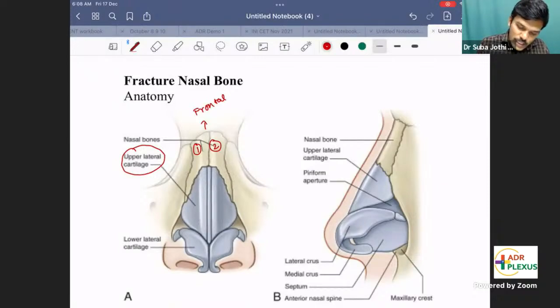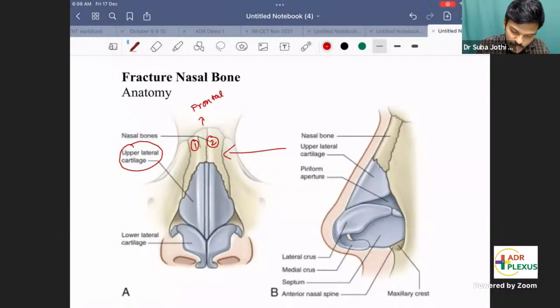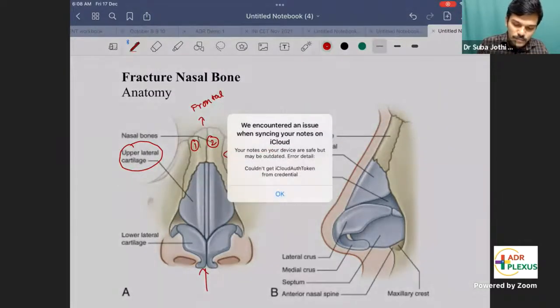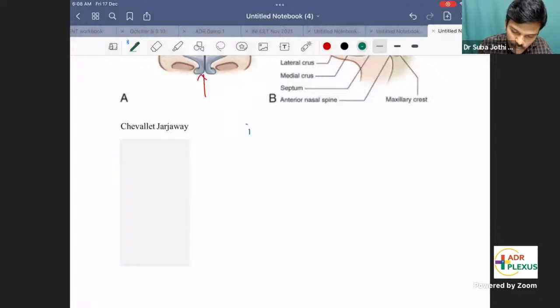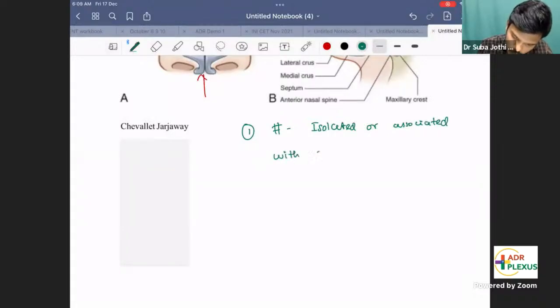First, the trauma can be of any direction: from the side, from below, or from above. So point number 1 is we should note whether the fracture is isolated or associated with other fractures.